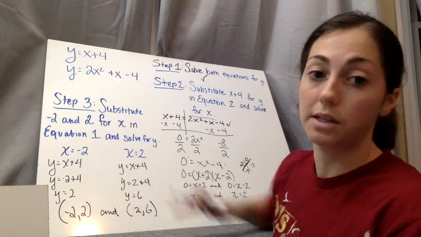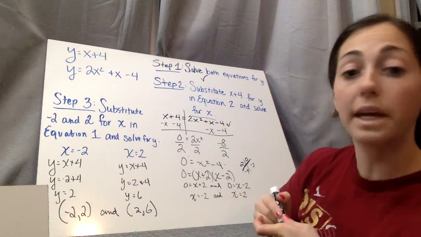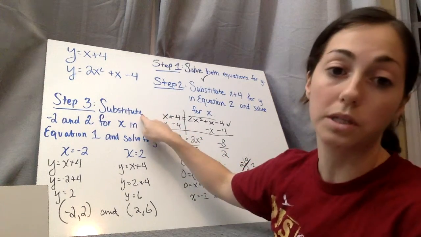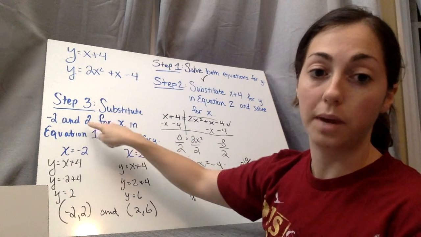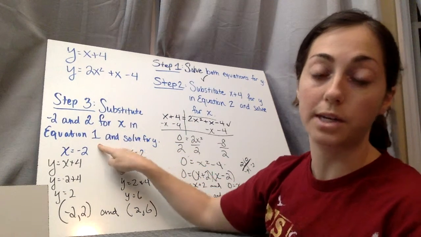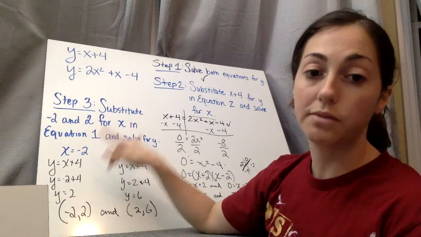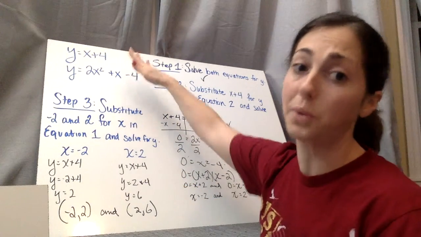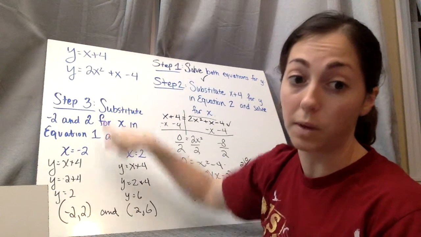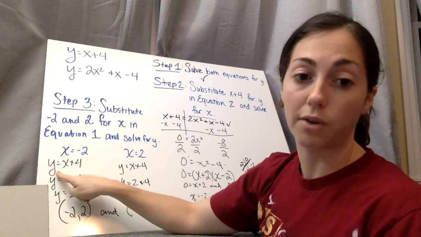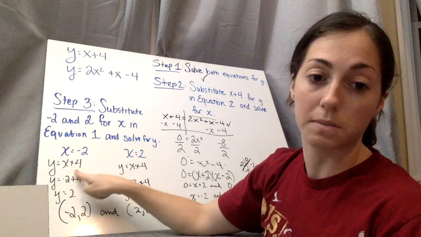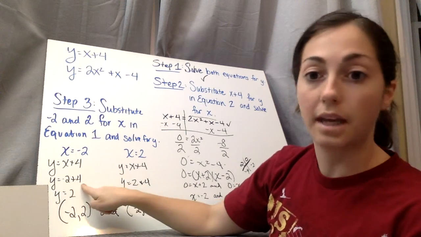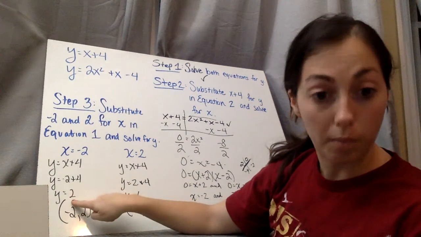Now we look over here at step 3. Step 3, if you remember, says substitute negative 2 and 2 for x in equation 1 and solve for y. So I have two answers. I plug in negative 2 for x, and let's pick either equation, but let's obviously pick the linear one. So negative 2 in for x in my equation y equals x plus 4. y equals negative 2 plus 4 is y equals 2.